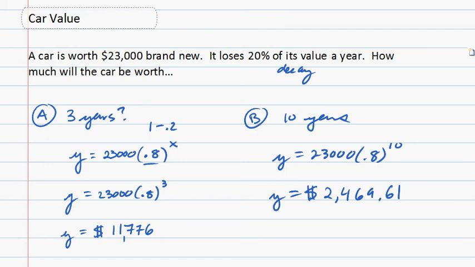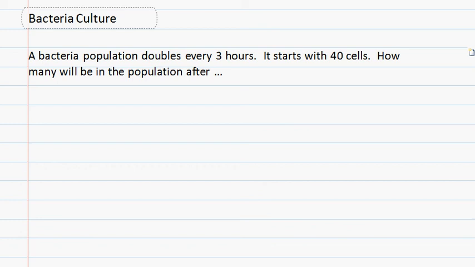Okay, and now one last one, and this is really important because in this situation we have to adjust our formula a bit. A bacteria population doubles every 3 hours. It starts with 40 cells. How many will be in the population after? Now let's just start with going with 6 hours.